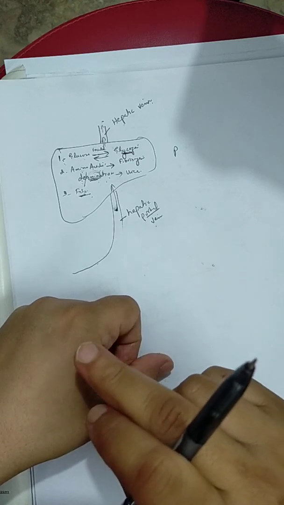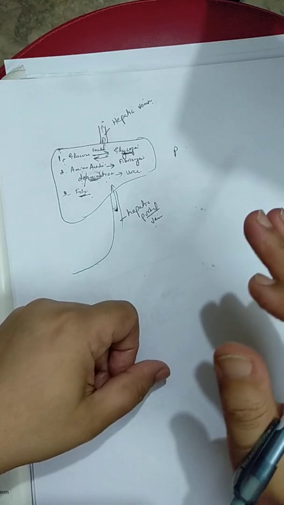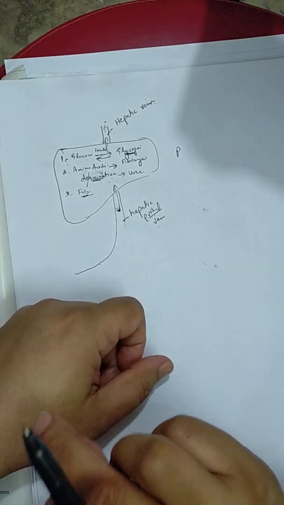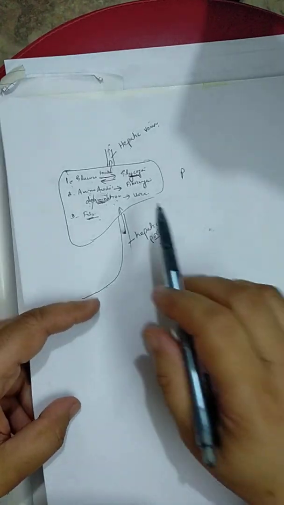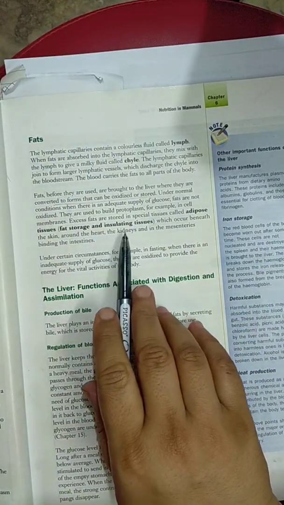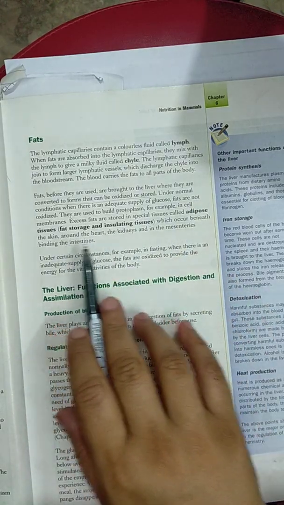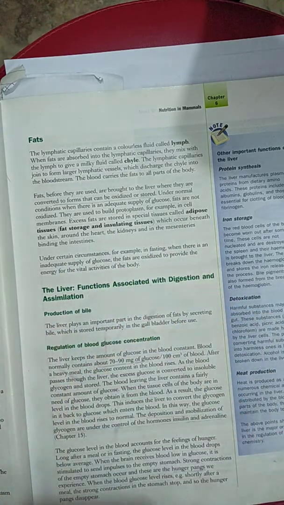So it also protects us from the cold outside in the winter season. It also accumulates around our different vital organs, around the heart and kidneys, and protects them. So in this way it is a fatty layer which is deposited in all those areas.